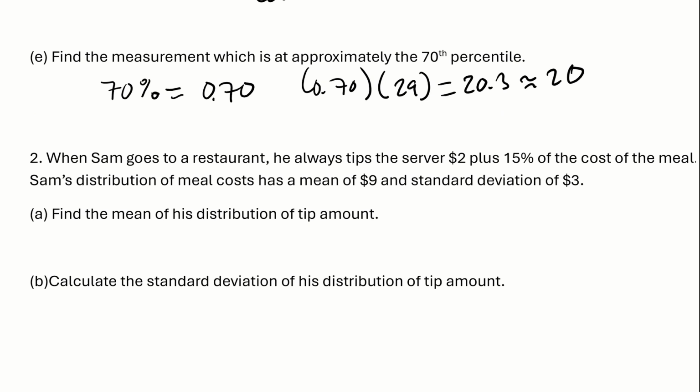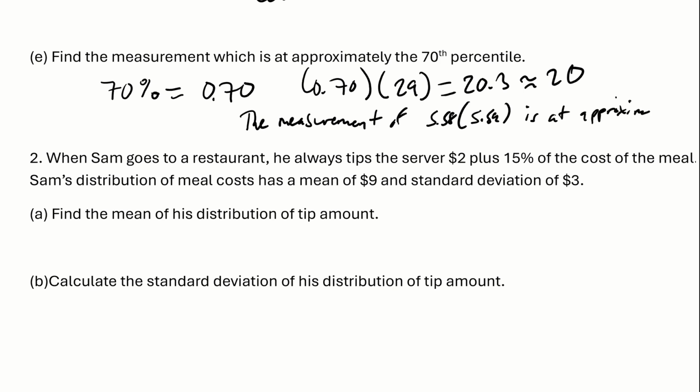So the measurement of 5.58, or you could say 5.59, around there, is at approximately the 70th percentile. Okay. All right, so either one of those is fine.